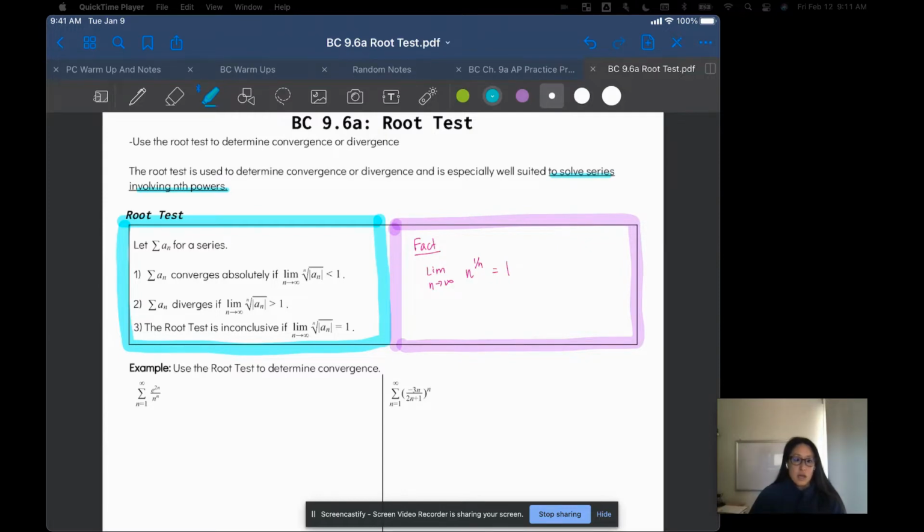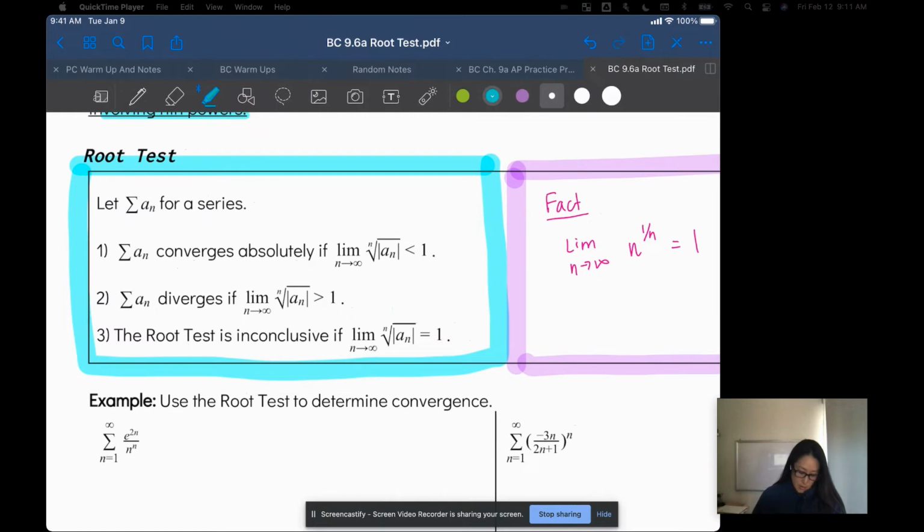One thing that we know about the root test is that it's for the sum of some series, a sub n, where if we take the limit as n approaches infinity of the nth root of the absolute value of a sub n, if it is less than 1, then the series converges absolutely.